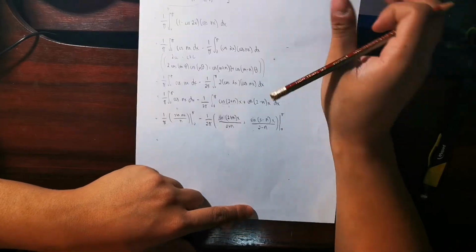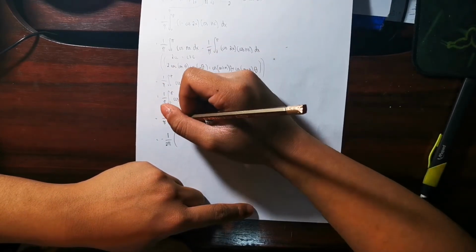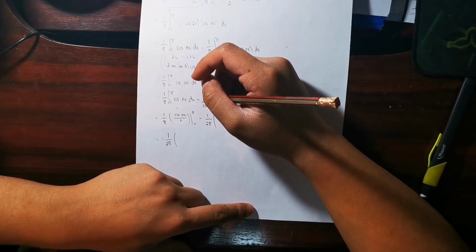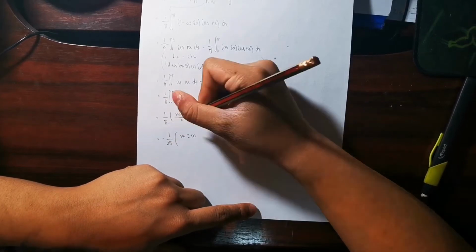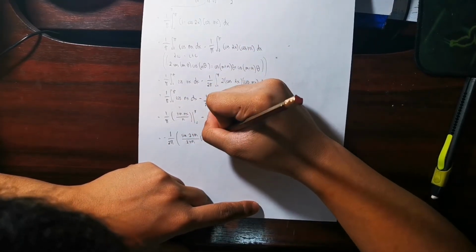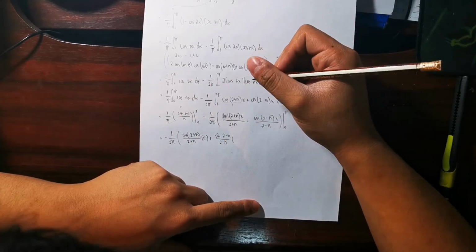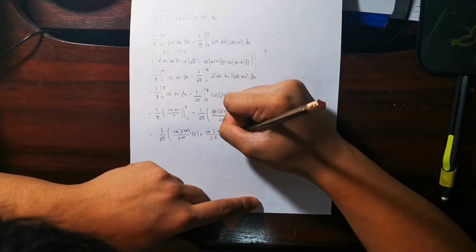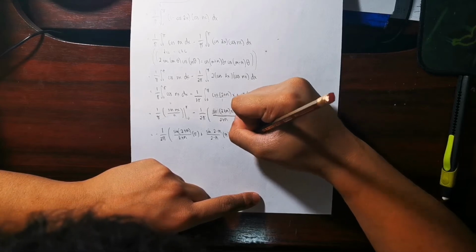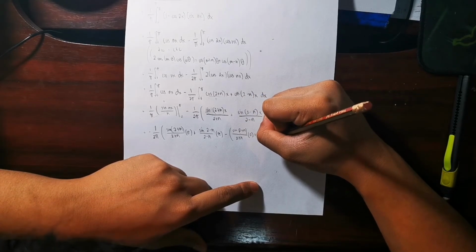We're left with negative 1 over 2 pi times sine (2 plus n) pi over (2 plus n) plus sine (2 minus n) pi over (2 minus n), minus sine (2 plus n) 0 over (2 plus n) plus sine (2 minus n) 0 over (2 minus n).